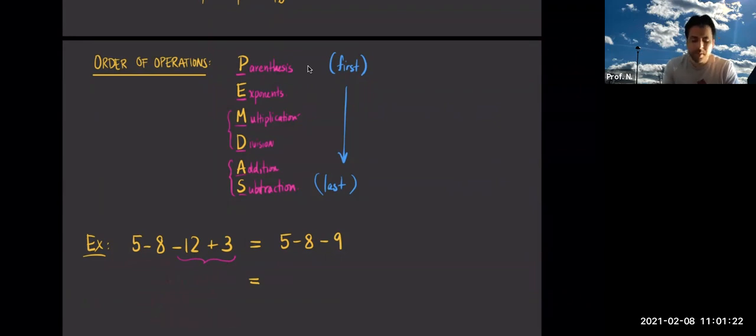Or we could have been more strict to the PEMDAS rule and said, let's add first, because that's what it tells me to do first. So -12 plus 3 is -9. And then all we have is subtraction. So 5 minus 8 gives me -3, minus 9 gives me -12. So the answer is -12.